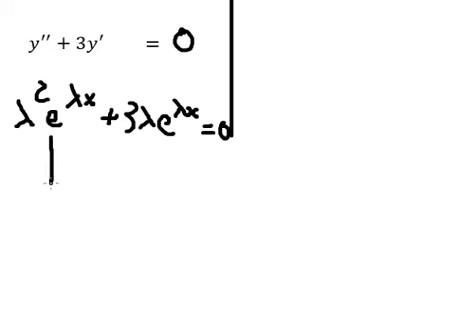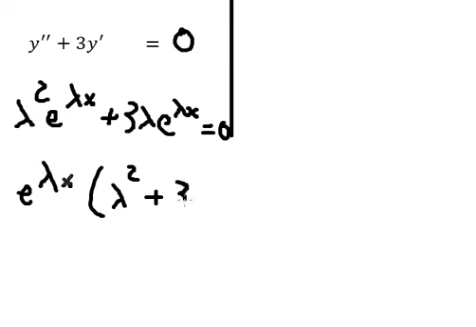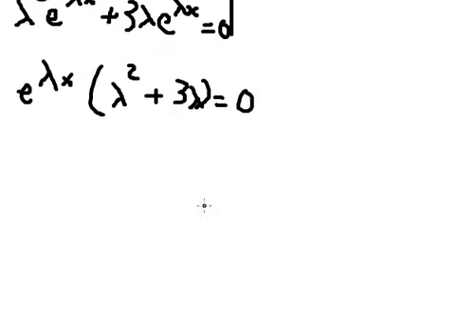So we can do factorization by e to the power of lambda s. So we have lambda squared plus 3 lambda. Now we need to find the solutions of this.